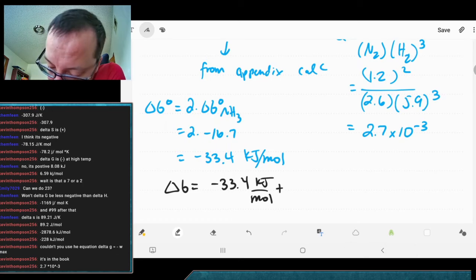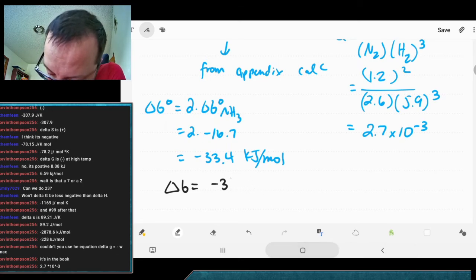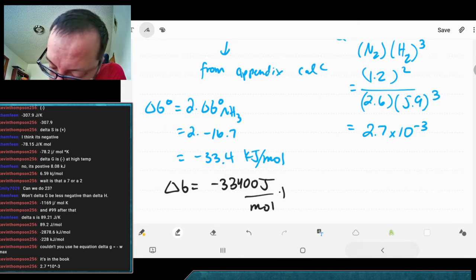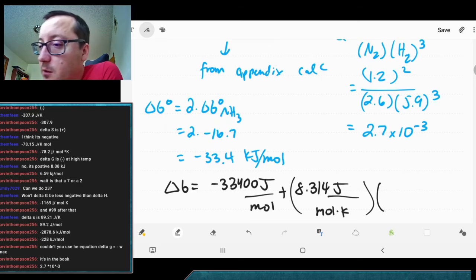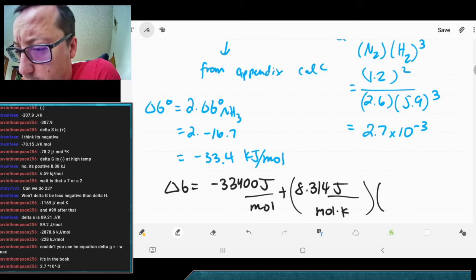Actually, I guess we need to expand this as always. Plus 8.314 joules per mole Kelvin. What was the temperature for this reaction?